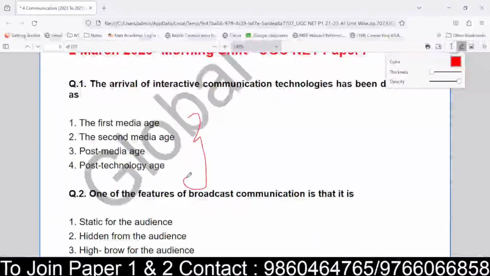Interactive communication technology started in the age when there was a cultural shift towards perception, and that happened in the second media age. So this interactive communication was seen or described in the second age.